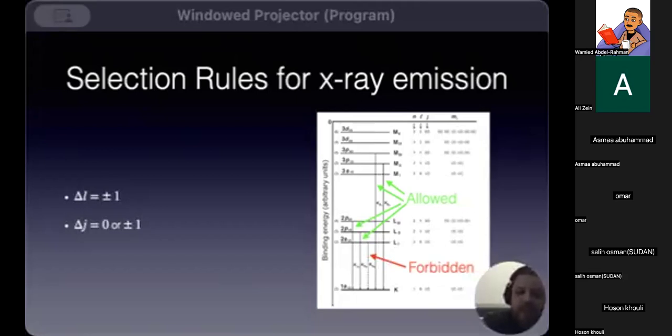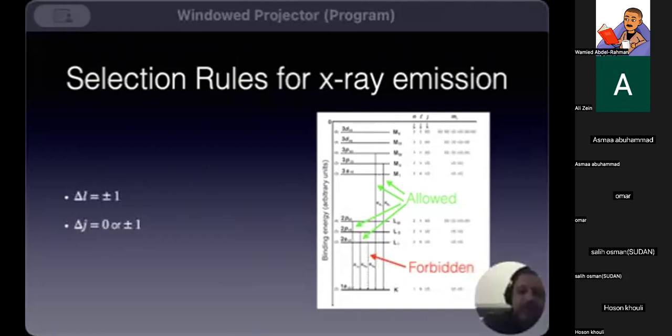For the transition from the first M subshell here, L is 0, so the transition between this subshell and the K shell is forbidden. However, the transitions from these two subshells where L equals 1 are allowed.